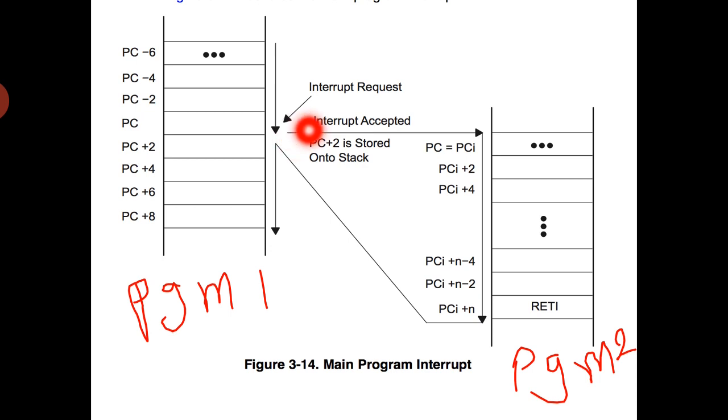When the processor accepts the request, the instruction present in the PC is being executed. So the processor stores the next instruction address, means PC plus 2, either into the memory or into the stack.